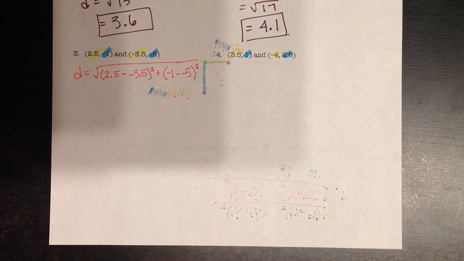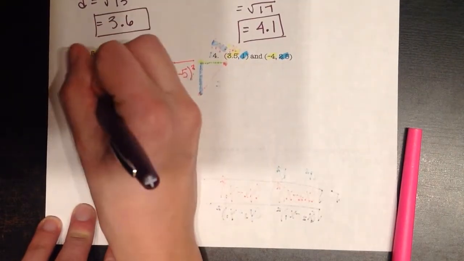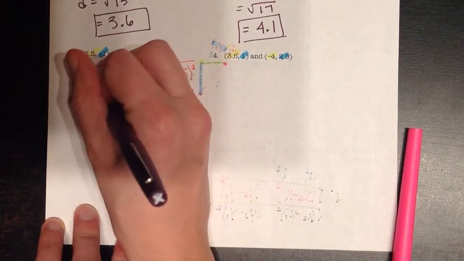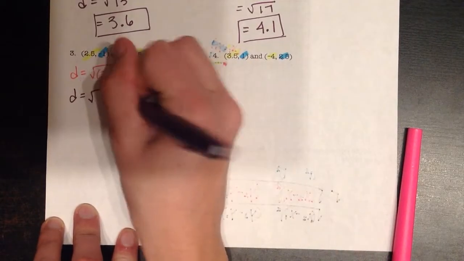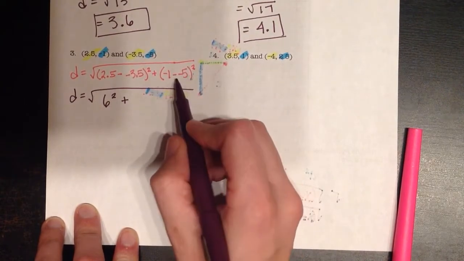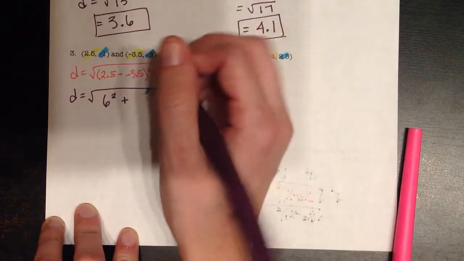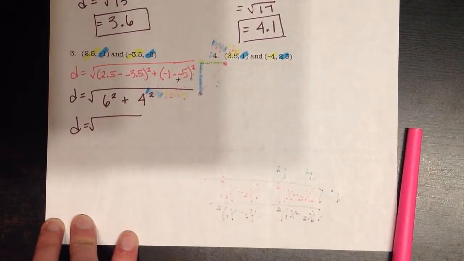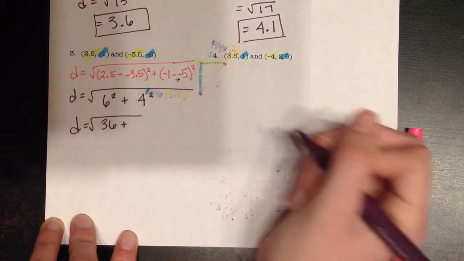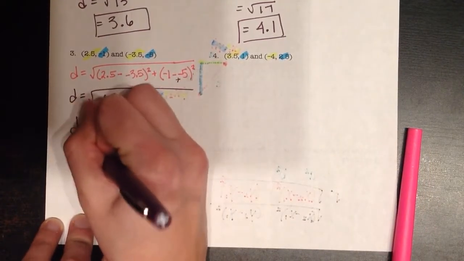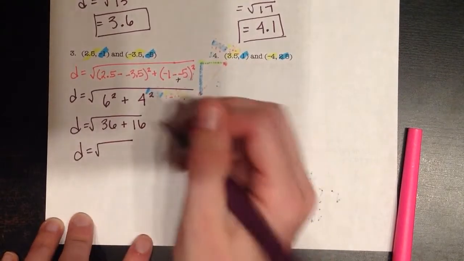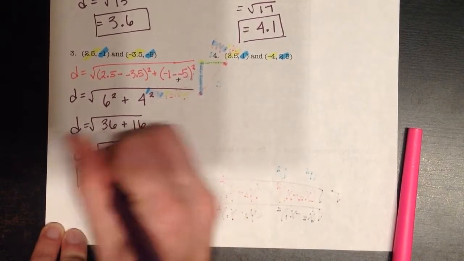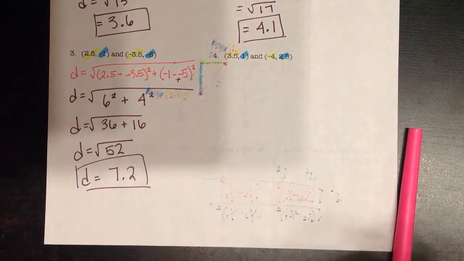Again, be careful with the negatives. 2.5 minus negative 3.5 is plus 3.5, which gives us 6 squared, plus negative 1 minus negative 5 is really plus 5, so negative 1 plus 5 is 4 squared. 6 squared is 36, plus 4 squared is 16. 36 plus 16 is 52. The square root of 52 is about 7.2.